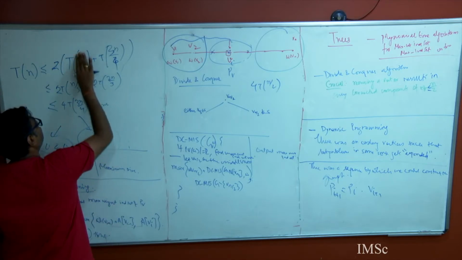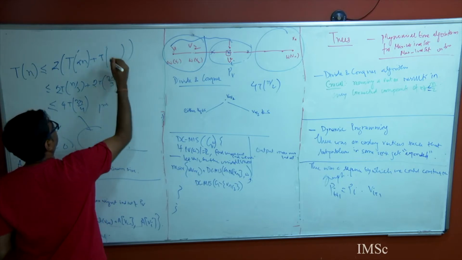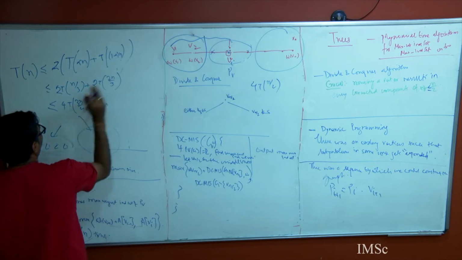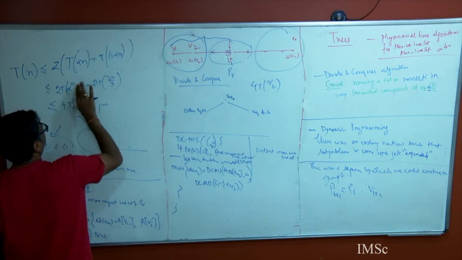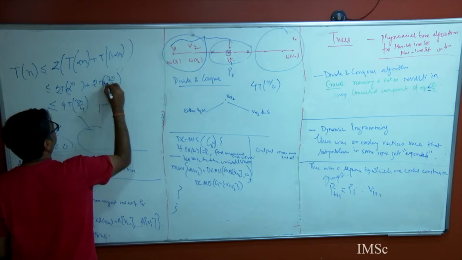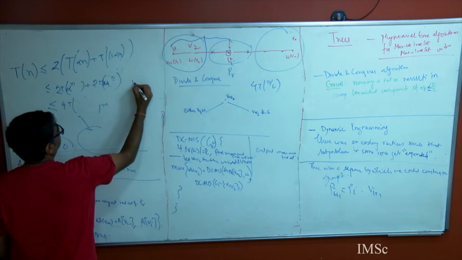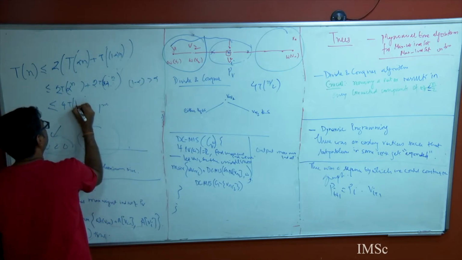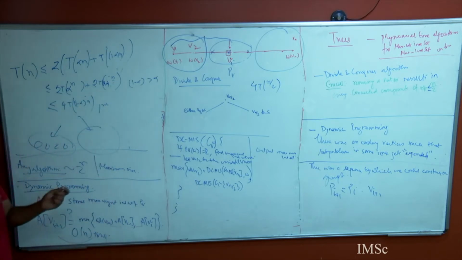In fact, I could write any alpha n where alpha is a constant, and 1 minus alpha n, suppose 1 minus alpha is more than alpha, then I will get 4 T of 1 minus alpha times n, and you can show even this is polynomial. So you have that much leeway all the time.